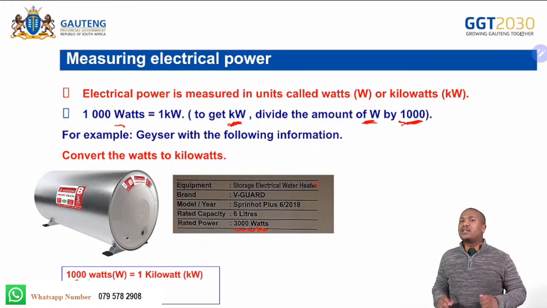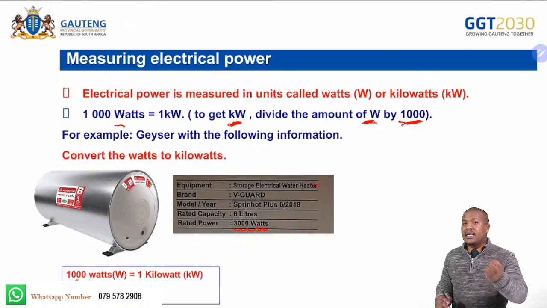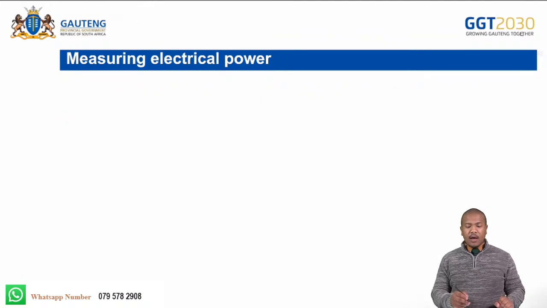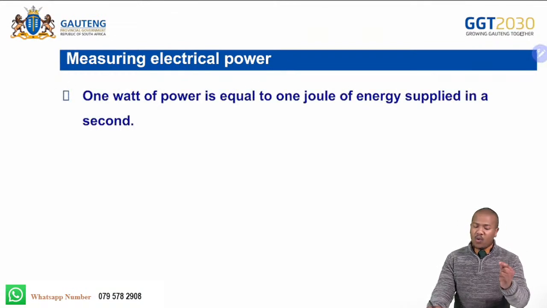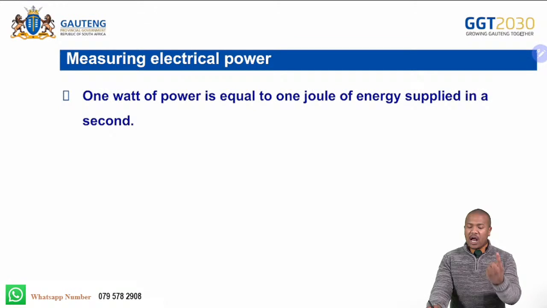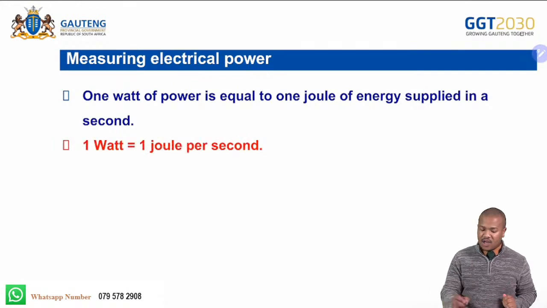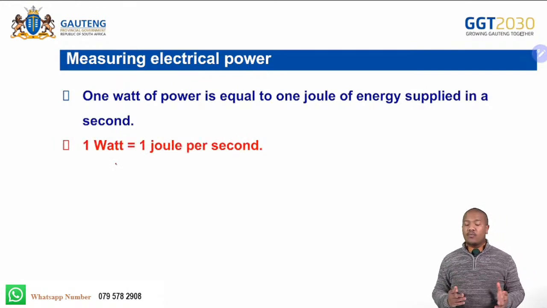This is the electrical power consumption of this geyser. Moving on. Also, we said that 1 watt of power is equal to 1 joule of energy supplied in a second. In this format, 1 watt is equal to 1 joule per second.